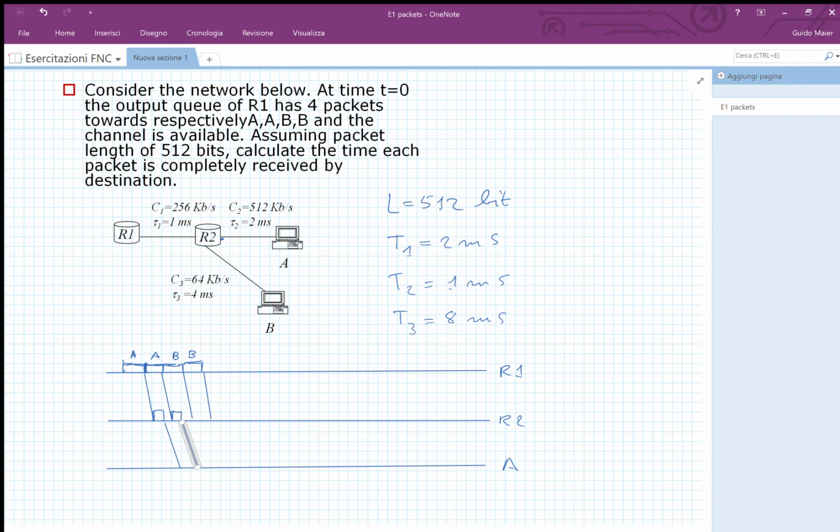What happens to the packets that are instead going to B? Now let me see if I can do a smart thing.